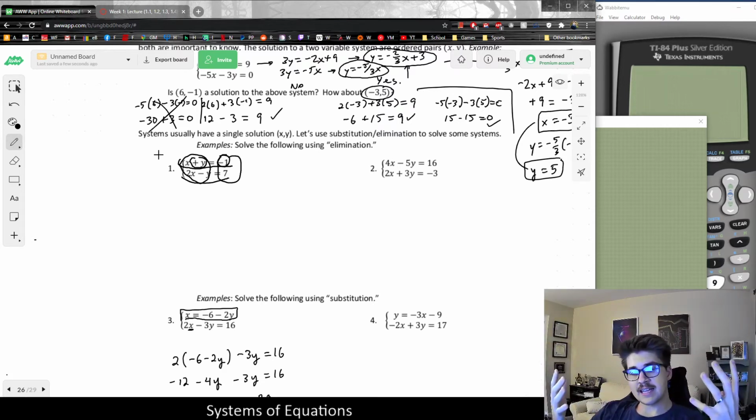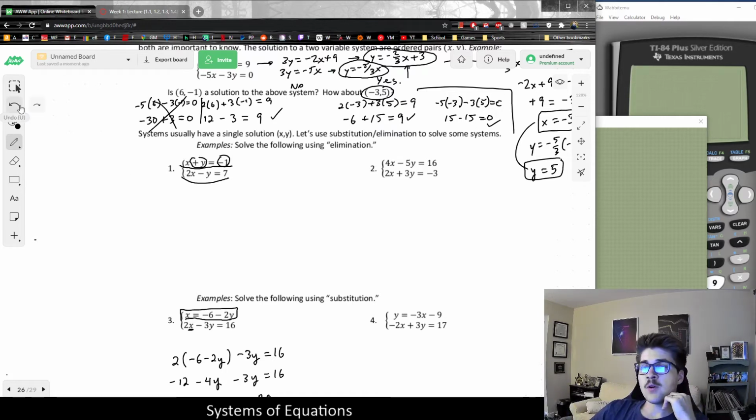The beauty of that is that we're creating a new equation, which is still true. We're combining the two equations together using this original system, and it's not changing the relationship between x and y. The whole point behind elimination is that when we add those equations together, we want to make sure there's some sort of cancellation.